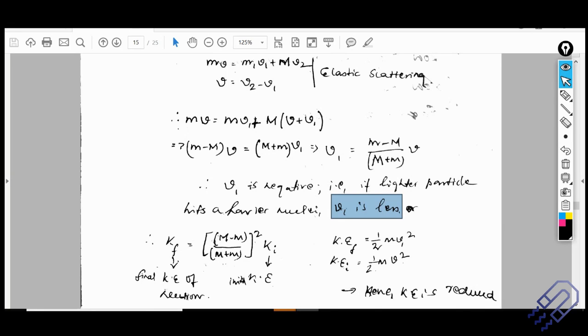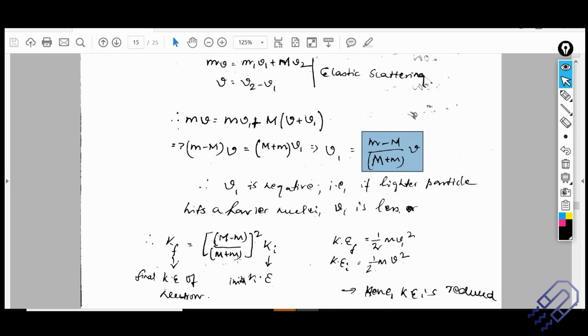If we consider the kinetic energy of the neutron, it is half mv square. Half mv square gives you the initial kinetic energy, and if we replace this v1 here, this term will come in. Obviously this term can be negative, but kinetic energy cannot be negative, so because there is a square term, the kinetic energy is not negative.